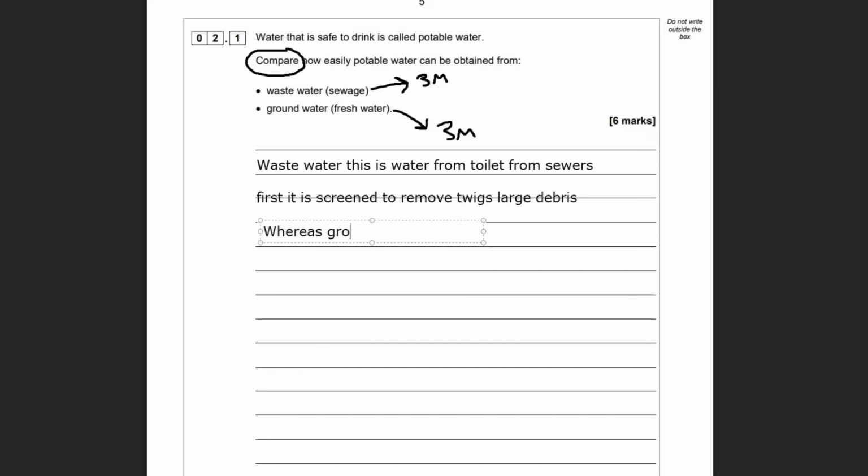So whereas groundwater is filtered with sand and pebbles. You make a sand and pebble filter to remove debris and large particles. So you're removing large bits and pieces.